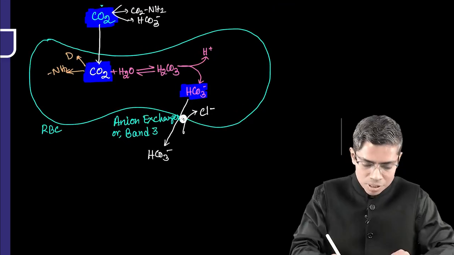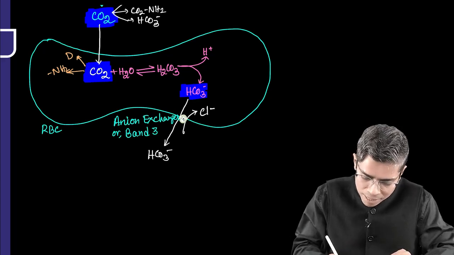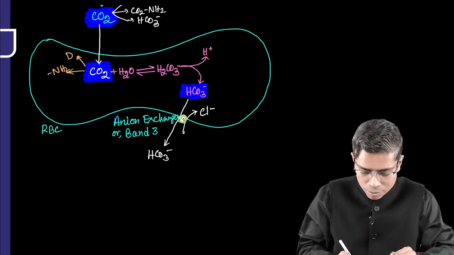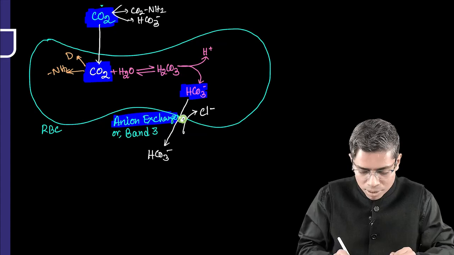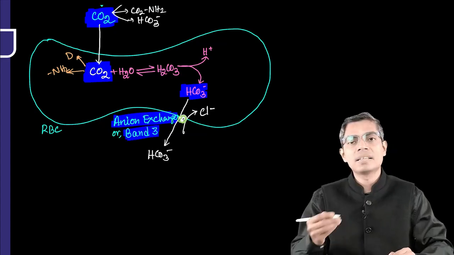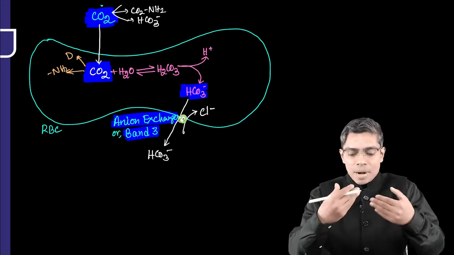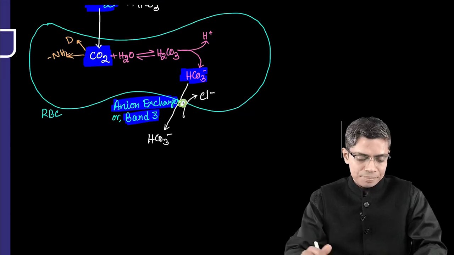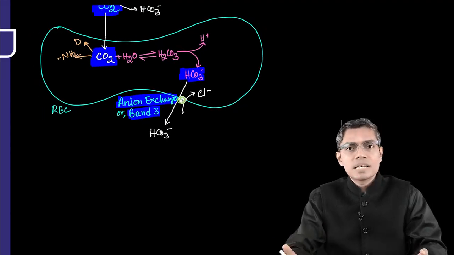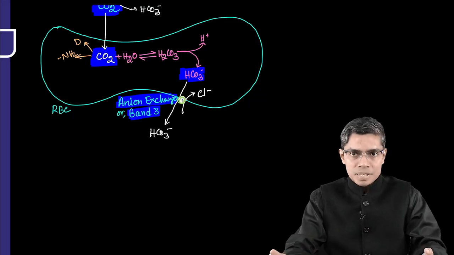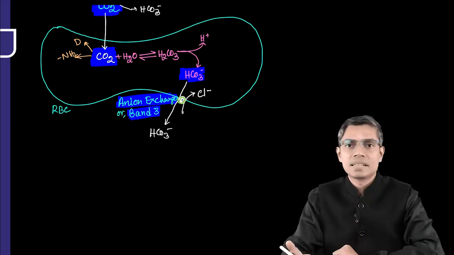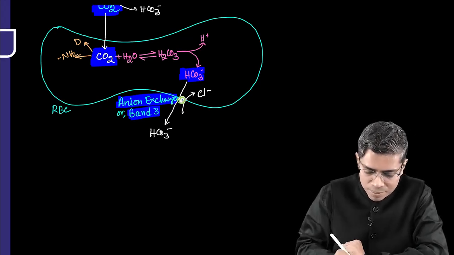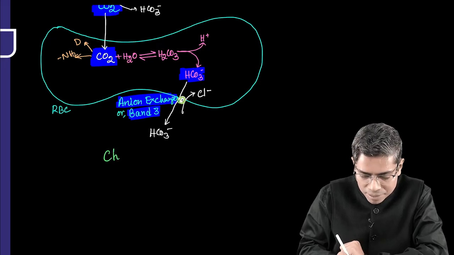This chloride bicarbonate antiporter is also known as anion exchanger type 1, or band 3 protein, by which bicarbonate is thrown out of the RBC. This phenomenon, by which bicarbonate is thrown out of the RBC and chloride is entering inside the RBC, is known as the chloride shift phenomenon or Hamburger effect.